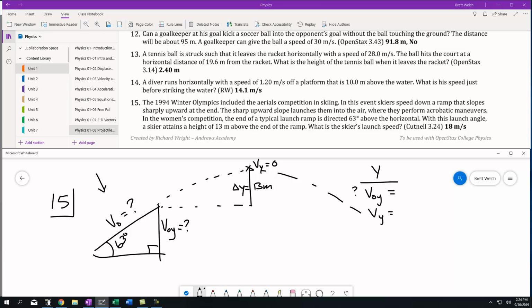Vy, based on stopping at the high point, would be 0. Acceleration, of course, is going to be negative 9.8 meters per second squared. I want to use a negative there because I expect this initial velocity to be positive and upward. Delta y, we're told we're going to gain 13 meters, so those have to be different, negative and positive.